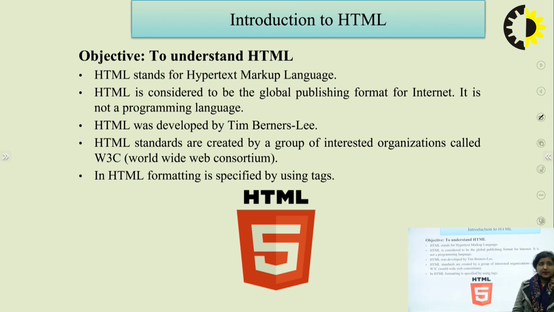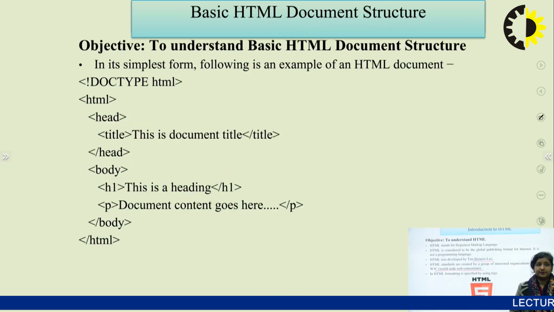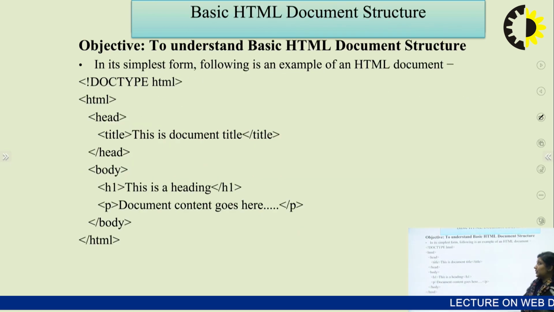Now, to understand HTML, we know that HTML stands for Hypertext Markup Language, and it is not a programming language. It was developed by Tim Berners-Lee, and it is maintained by W3C, which is the World Wide Web Consortium. And in HTML, we are having the HTML tags, which we can use for formatting. This is a simple HTML structure which we can use. We are having the doctype.